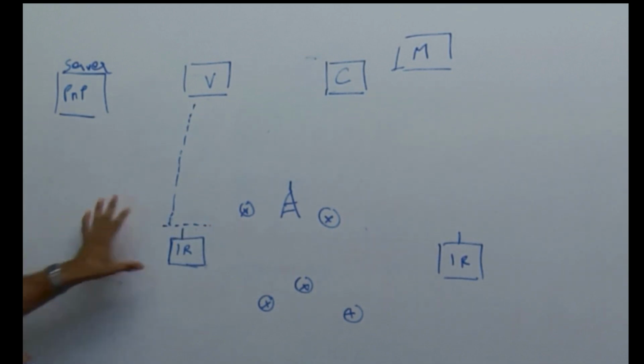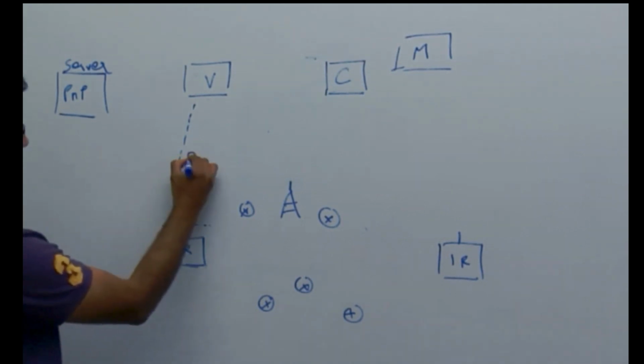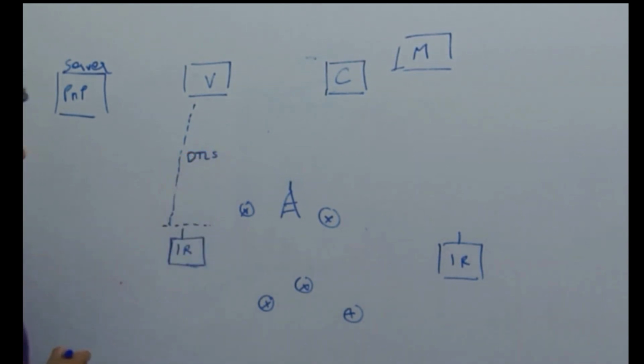The first thing the industrial router will do is build a DTLS connection to the validator. The validator will check the certificate on the industrial router, that it's a valid certificate, and check the organization name of that certificate.